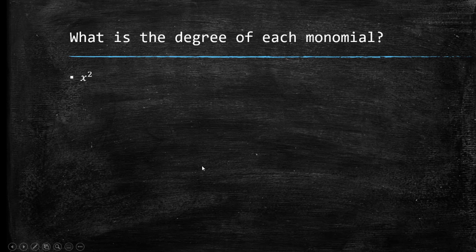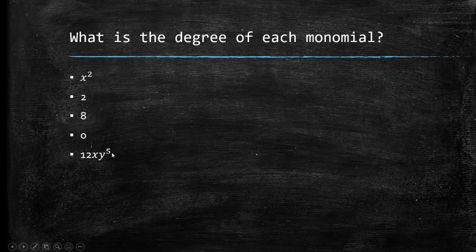All right, so x squared, what is the degree? Well, we're adding the exponents of the variables. So we have a 2 here, so it's a degree of 2. For 8, there is no variable, so we're going to have a degree of 0. 12 times x times y to the 5th.